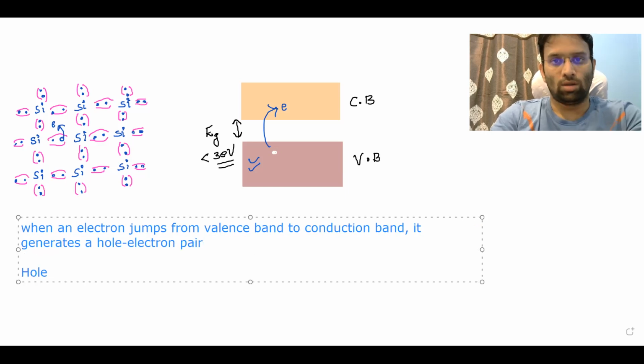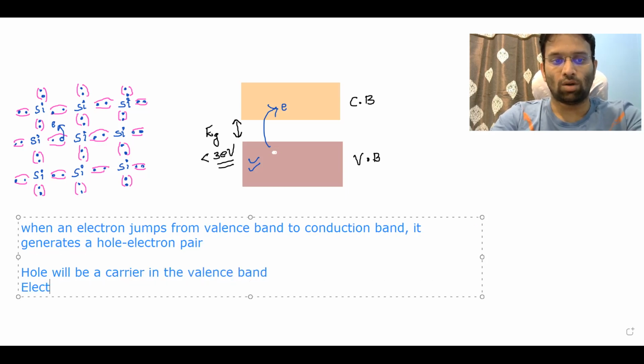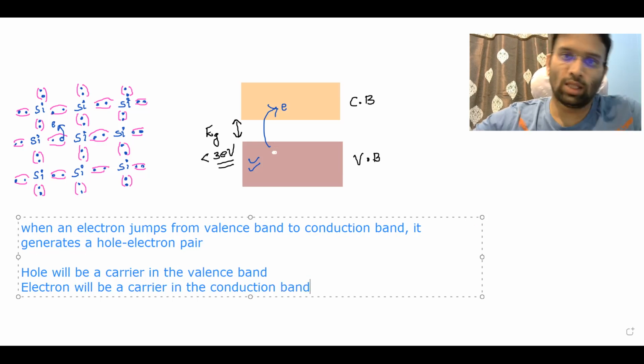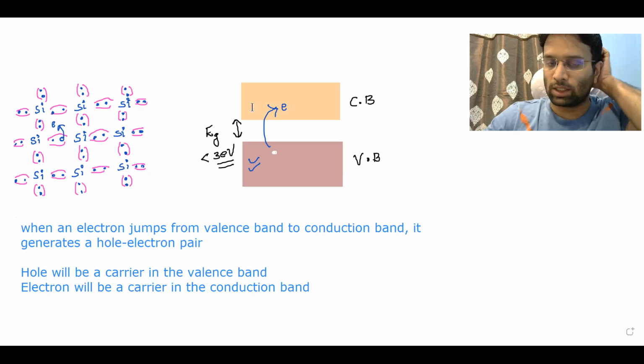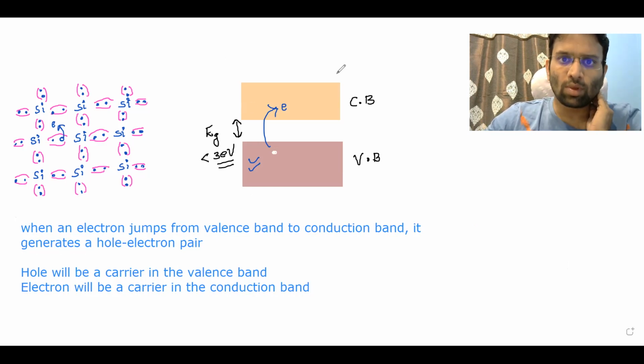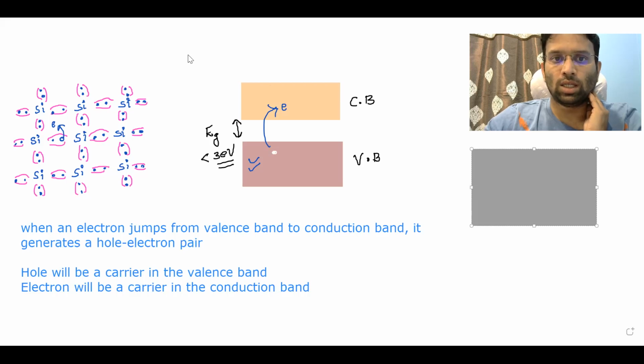Hole will be a carrier in the valence band. Electron will be a carrier in the conduction band. So what do I mean by this? Let me explain to you. Whenever you have a silicon block and it has to conduct electricity, electricity is flow of electrons, as all of you know.